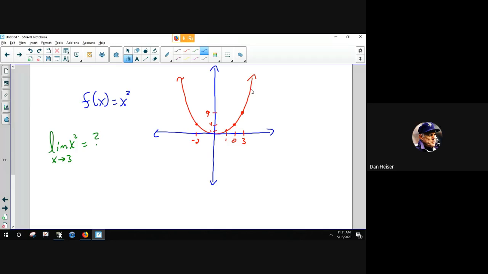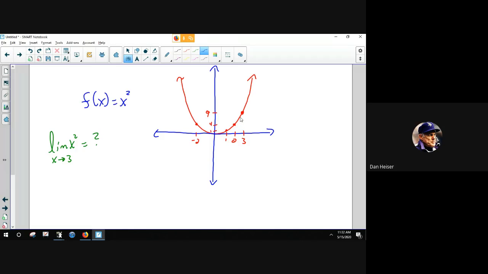So, to the right of 3. And now I'm going to follow the graph towards x equals 3. What are my y values doing? Well, they're getting lower. As I go to the left, my y values are falling, they're falling, they're falling. As I get really close to 3, my y values get really close to 9. Now I come to the left side. I'll just start here. Follow the graph. Watch my x values rise. As my x values rise, so do my y values.